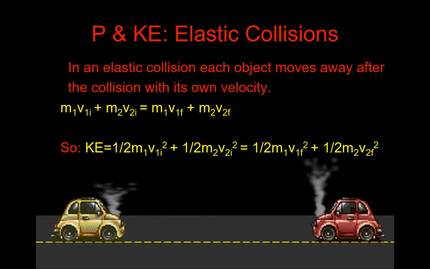So our equations end up with four terms in them. Here's our equation in momenta, M1 V1I, M2 V2I, M1 V1F, M2 V2F. And similarly, if we were to express this in kinetic energy form, which is really momenta with halves and squareds included in them, then we would see a very similar relationship.